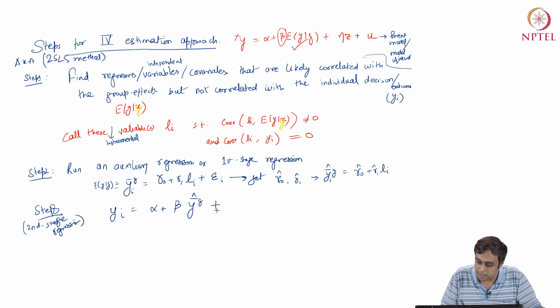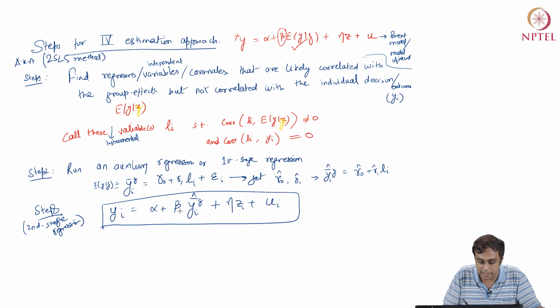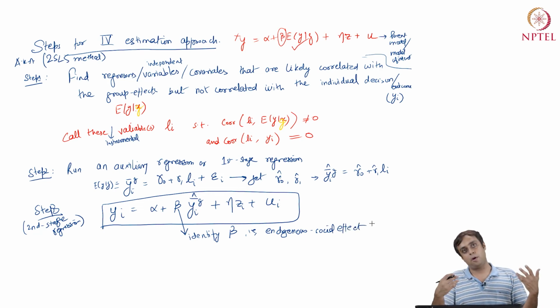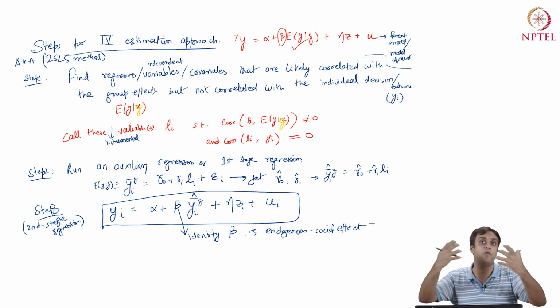Plus we have eta z plus u. Now, by using this, we will be able to identify beta, that is the endogenous social effect. So, we are able to reconcile the reflection problem that Manski is raising, because we are not using y bar.